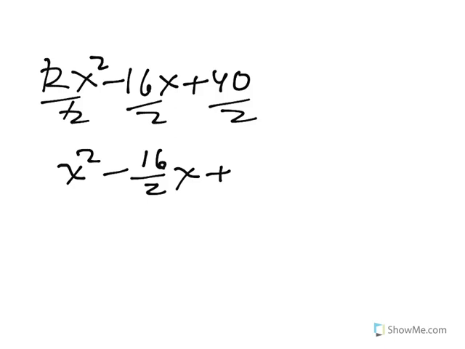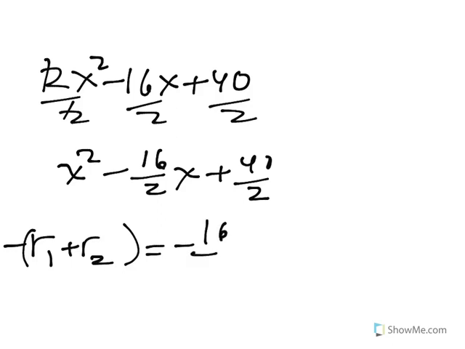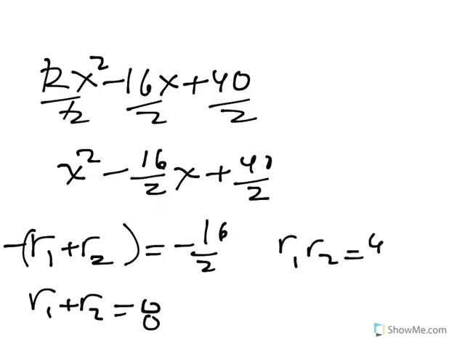I'll leave it like that. So the sum of the roots, or negative sum of the roots, is equal to negative 16 over 2. So it's still root 1 plus root 2 equals 8. And R1 R2 is 40 over 2, which is 20.